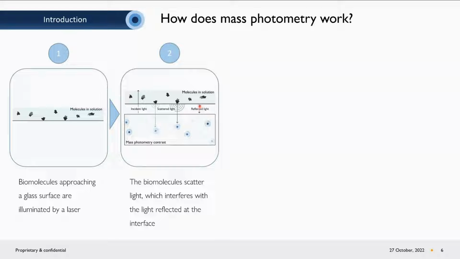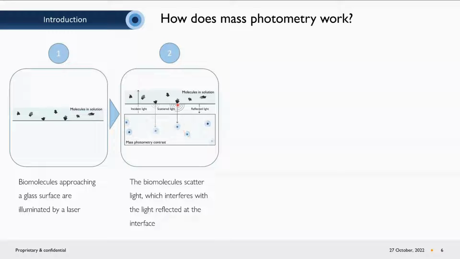One is the reflected laser light from the glass surface, which is always the same. And the second one is the scattered light from the biomolecules that sit on the surface. Now, scattering is interesting because it scales with the optical density and the size of the scattering object. And that means that we can use that to determine the mass of it.